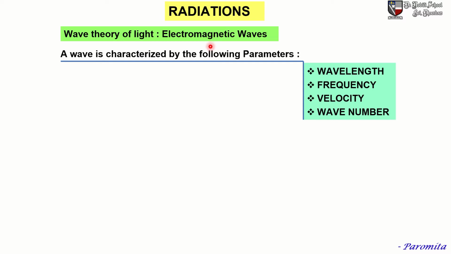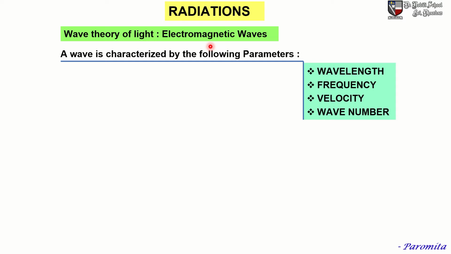These radiations are called electromagnetic because when they pass through a point in space, they produce oscillating electric and magnetic fields at that point.